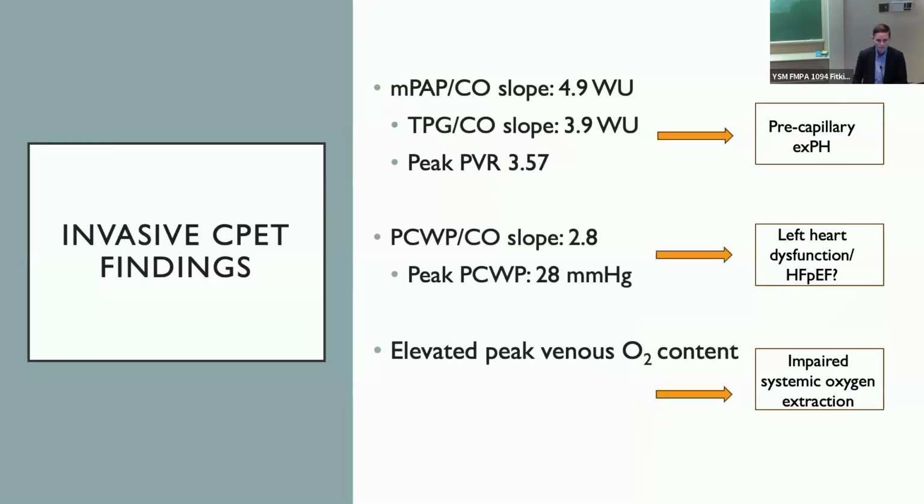I've highlighted a couple of findings from her invasive CPET. First, she had no pulmonary mechanical limit to her exercise, and she did have a depressed aerobic capacity of 65% predicted. Important because on her non-invasive CPET, her VO2 was approximated to be about 99% predicted. She was found to have an elevated mean pulmonary artery pressure to cardiac output slope, consistent with her known precapillary disease.